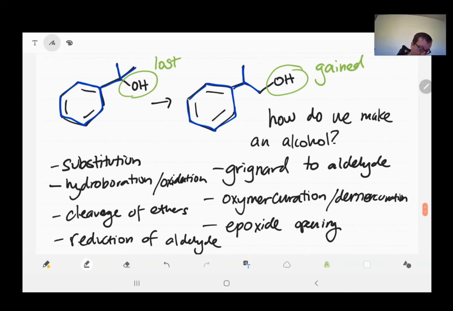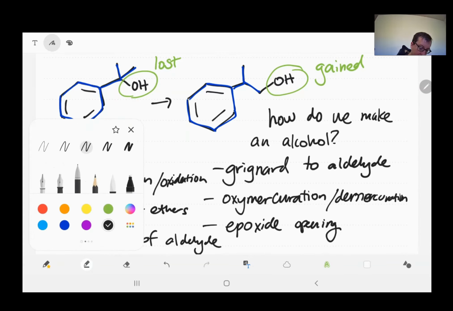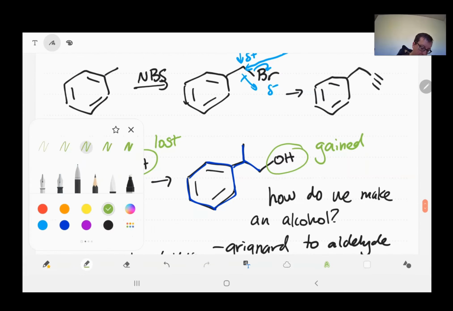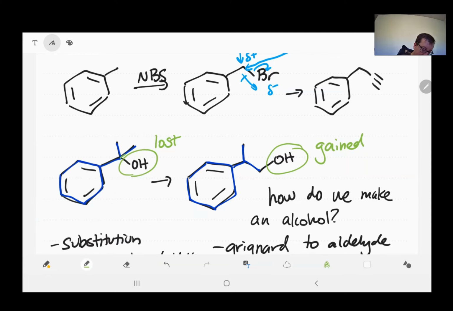So let's look at what we need for these. Is there going to be a way for us to install an aldehyde on the carbon that has the oxygen? So this carbon, we'll just say, is the one that's going to have the oxygen now. Can we add an aldehyde here? I don't think so. It's not very easy to just stick an aldehyde onto a random carbon like this.